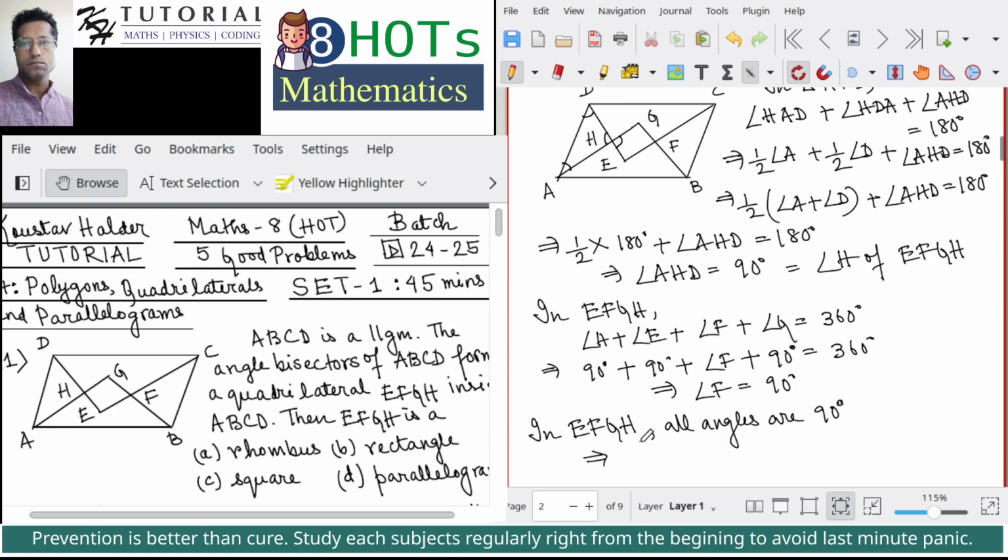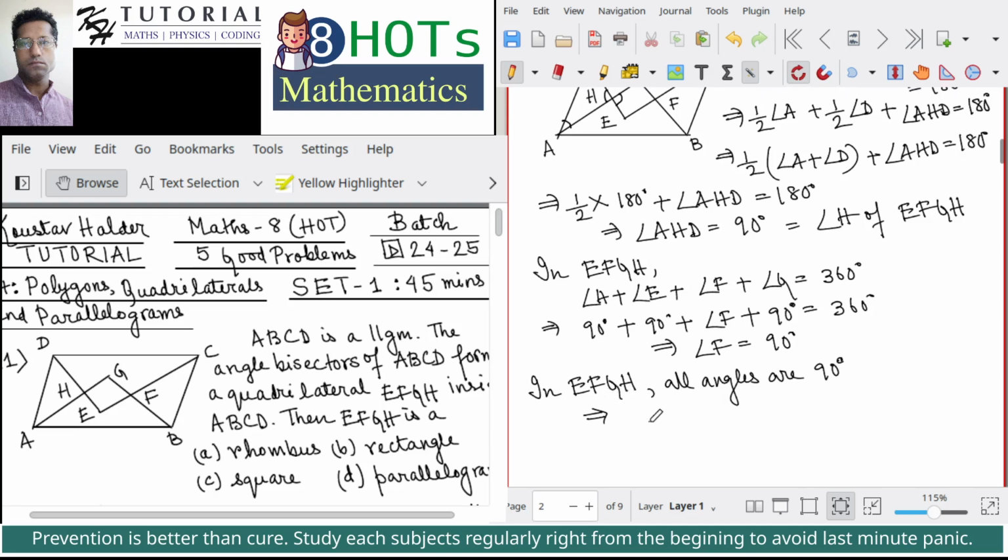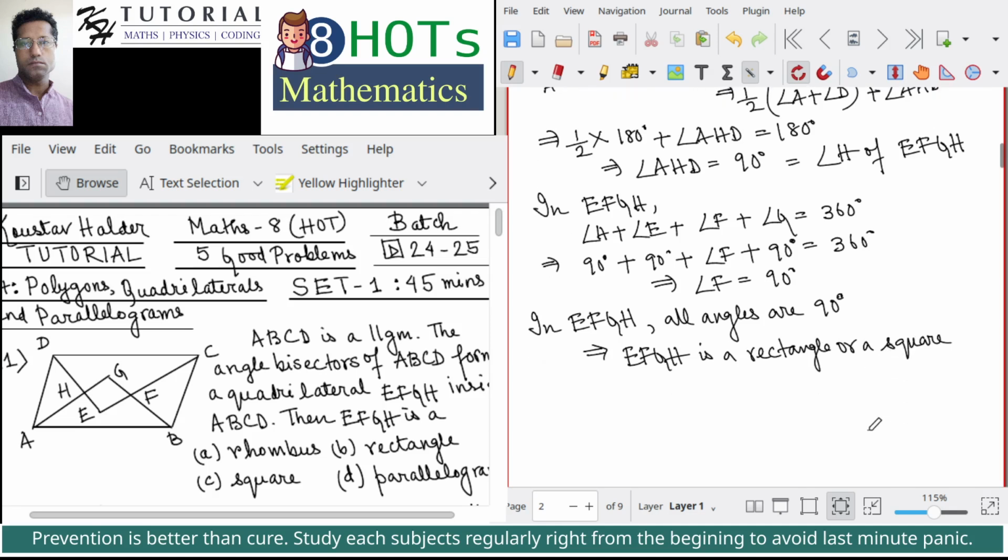It can either be a square or a rectangle, because among the given choices only the rectangle and square have all angles equal to 90 degrees. This implies EFGH is a rectangle or a square. Now we have to decide between rectangle and square regarding the structure of the quadrilateral EFGH.